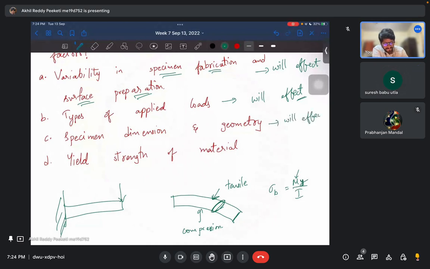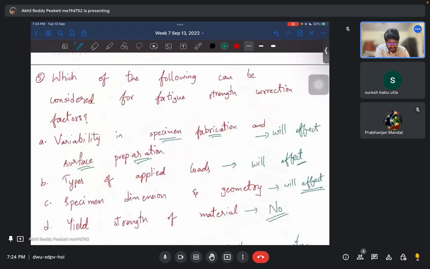What about yield strength of the material? It doesn't come into the picture. So all these factors can affect the fatigue strength. Each of these will have a correction factor, so we will see that later on. Based on that, we can do the SN graphs.